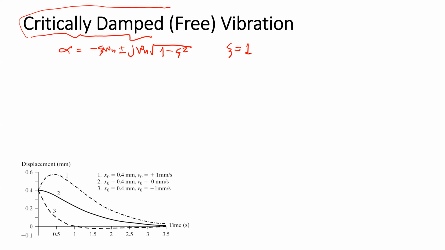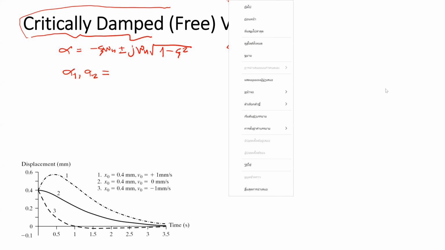So alpha 1 and alpha 2 have the repeated value of minus omega n.